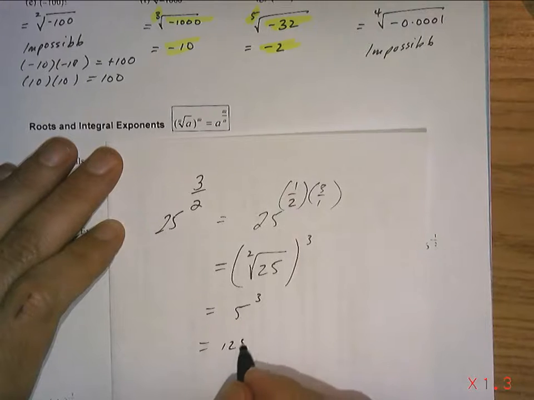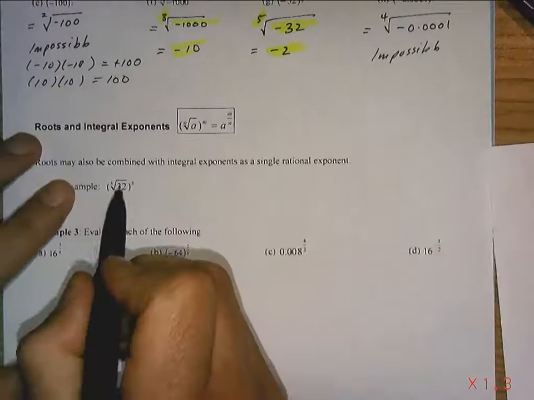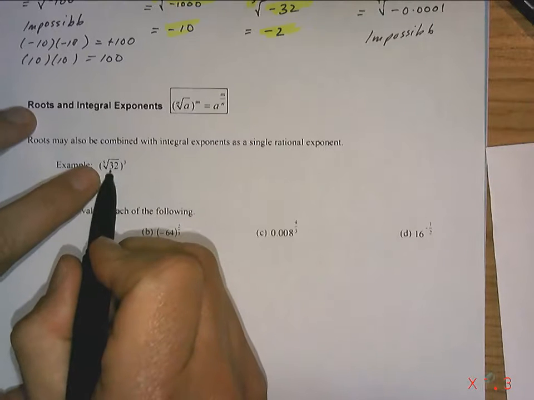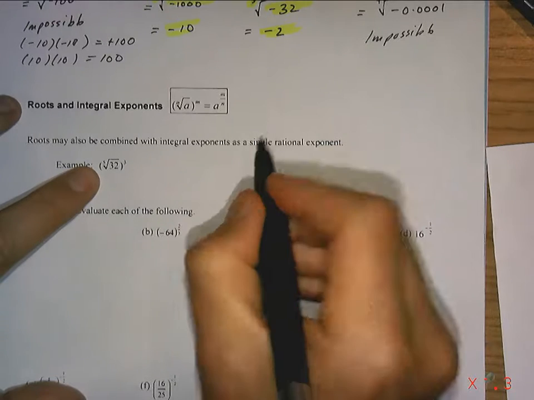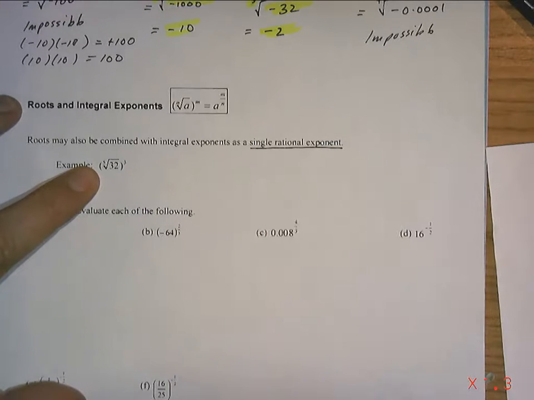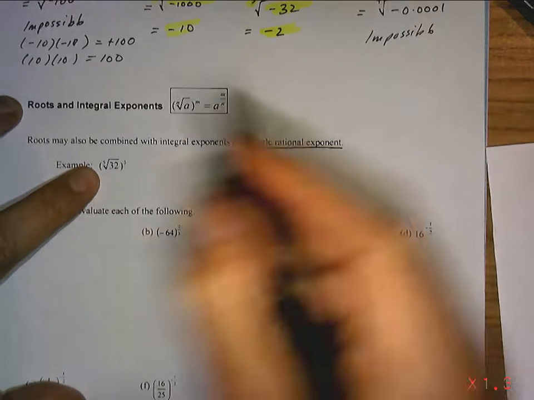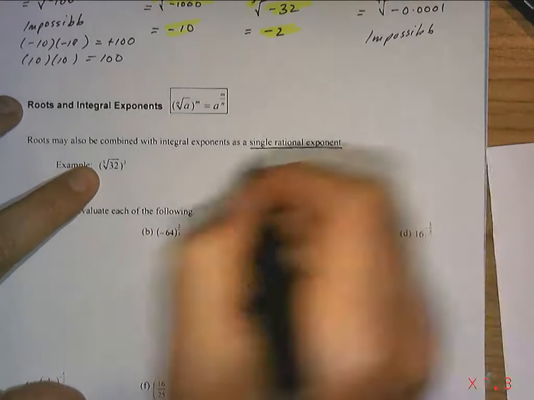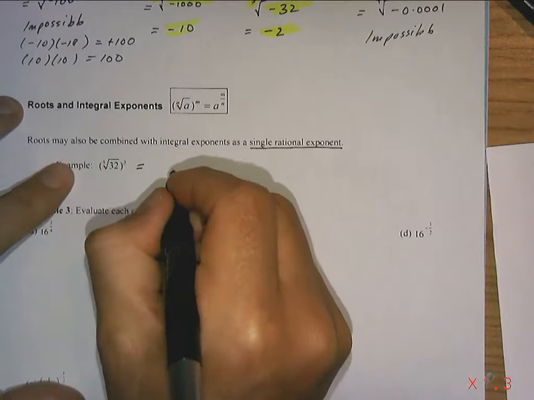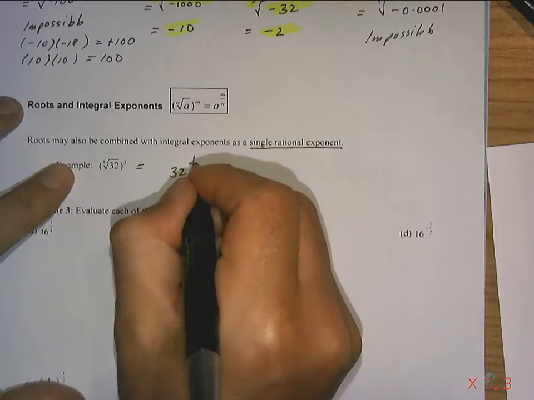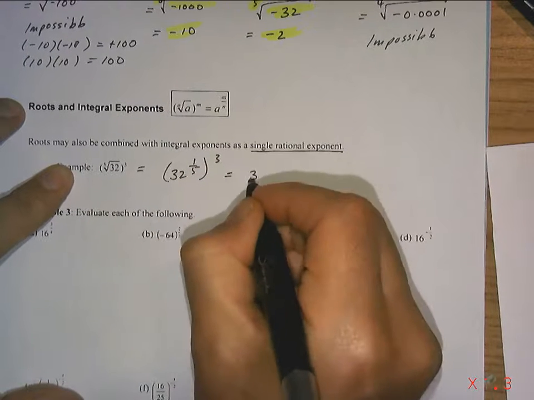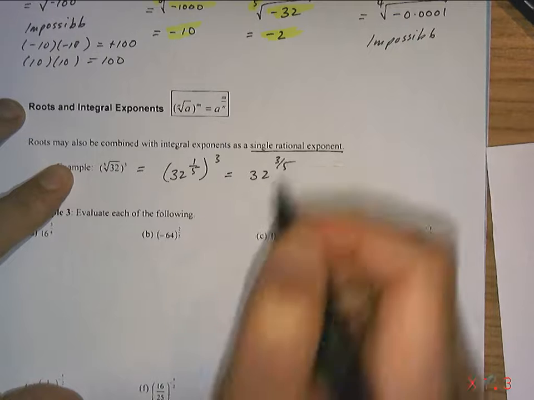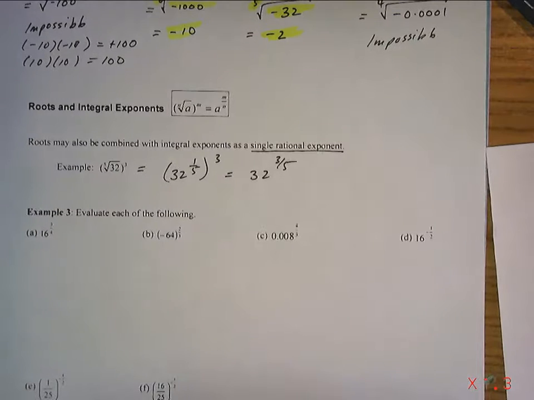125. So when I have the fifth root of 32 to the 3, and I want to write this as a single rational exponent, in exponential form, it's going to be 32 to the 1/5 times 3, which is 32 to the 3 over 5.